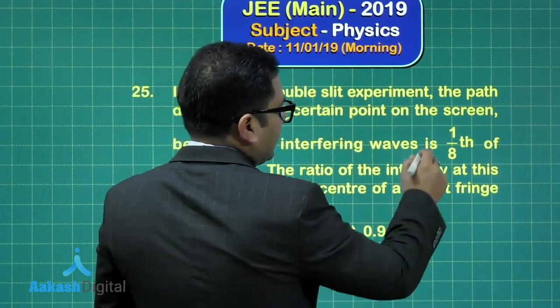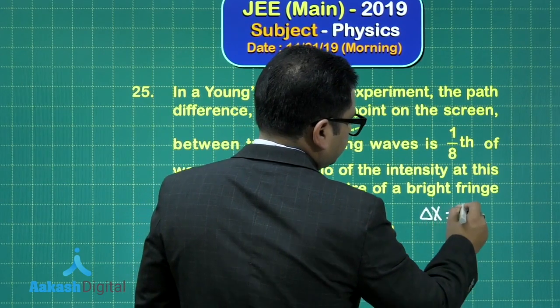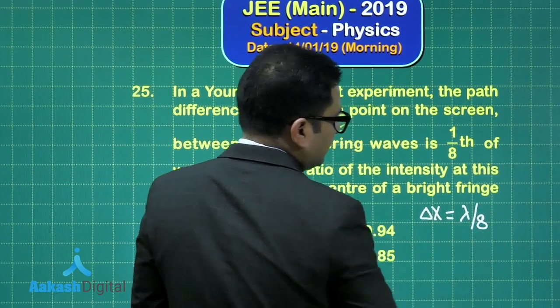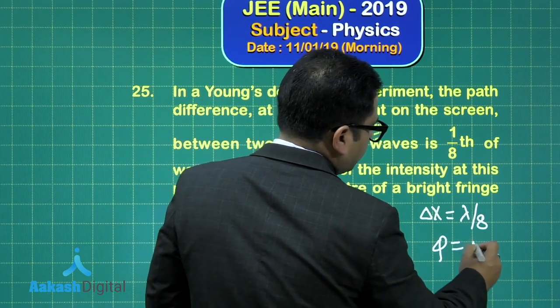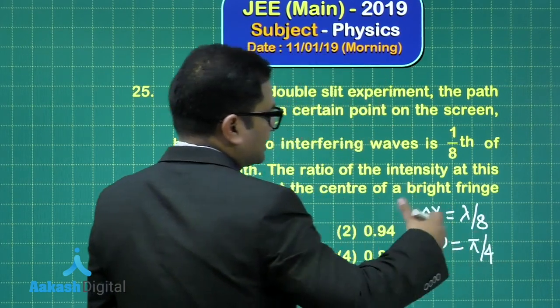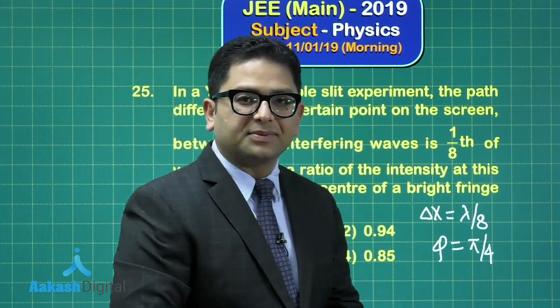Now here, in the first case, the path difference is lambda by 8. So consequently, the phase difference is going to be pi by 4, by the simple conversion between the path difference and the phase difference.